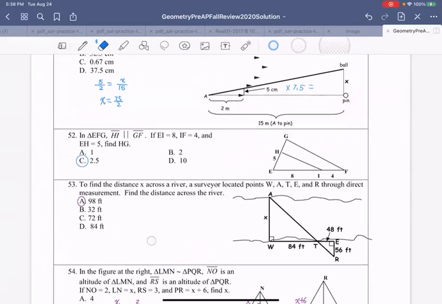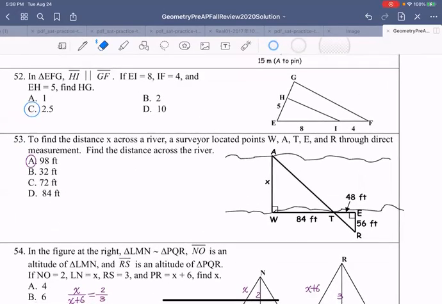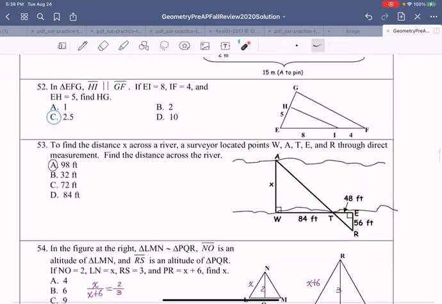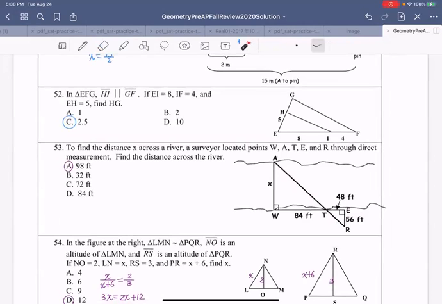Now, Valeria, let's do 53. You can read the question and we can write down the equation. To find the distance x across a river, a surveyor located points W, A, T, E, and R through direct measurement. Find the distance across the river. Okay. Can you please write down the equation?